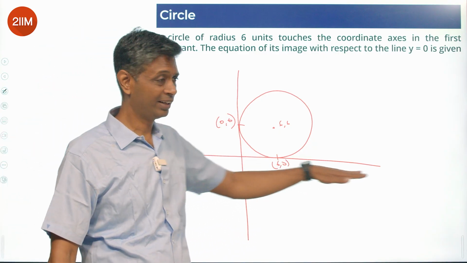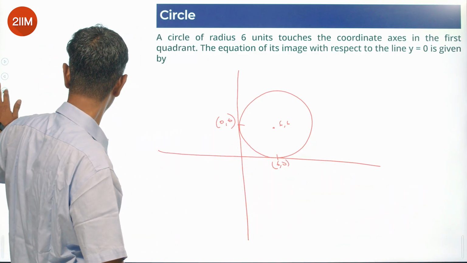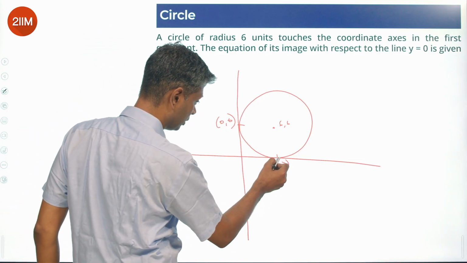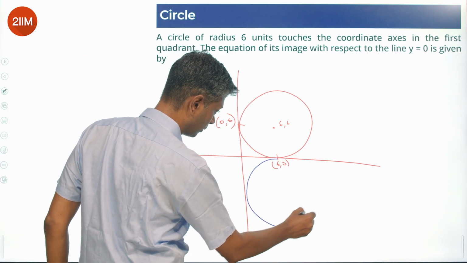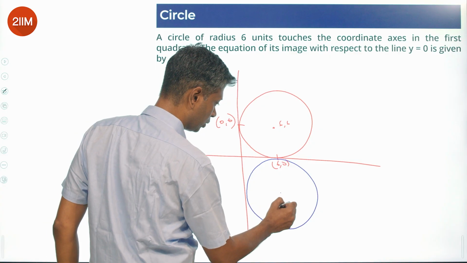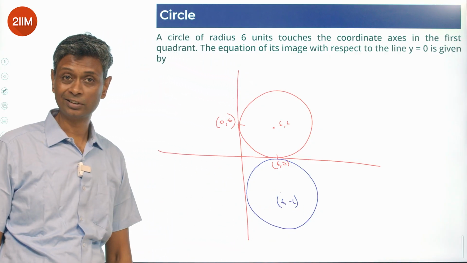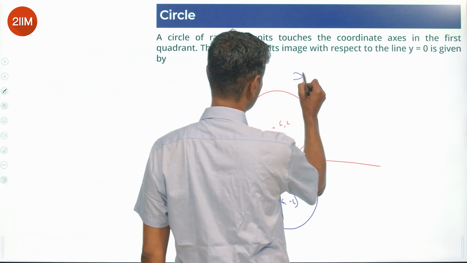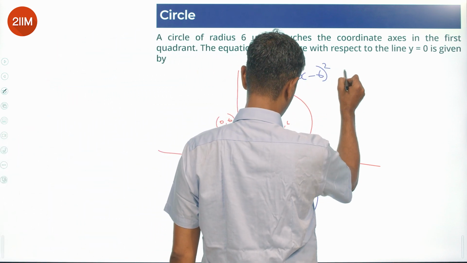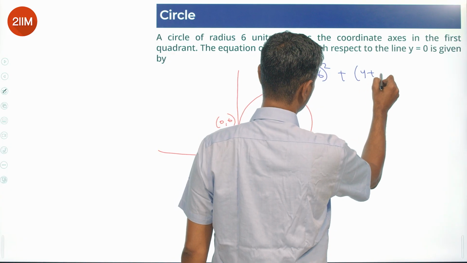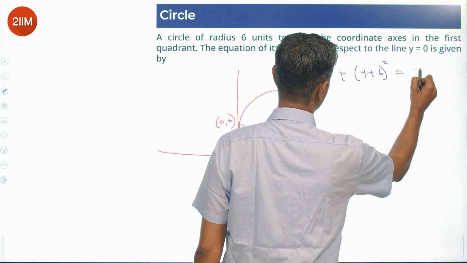Y equal to 0 is the x axis, and so the image with respect to this will have center 6 comma minus 6, radius 6, or we are looking at an expression which is x minus 6 the whole square plus y plus 6 the whole square equal to 36.